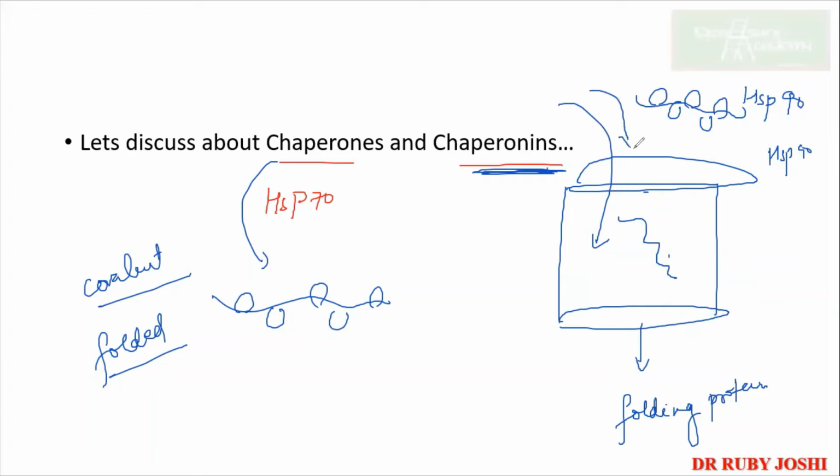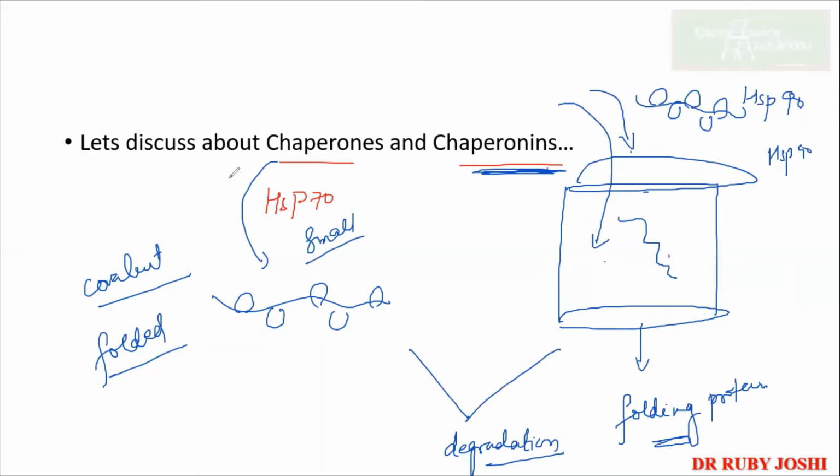Here you can also bring a misfolded protein with the help of HSP90. This goes inside and gets properly folded. Even after doing this, if these proteins are not getting folded, then they go for degradation. Now the difference is clear. From the figure, you can say that chaperones are small proteins. Chaperonins are huge, big protein subunit domains.